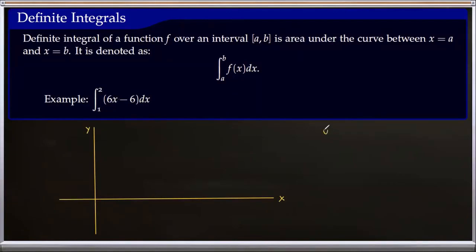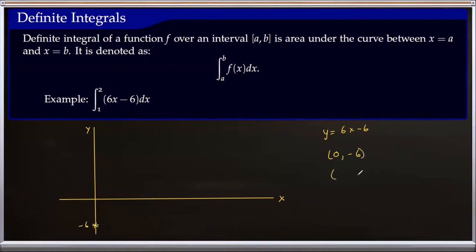We are graphing y equals 6x minus 6. When x is 0, y would be 6 times 0 minus 6, so negative 6. So it should go through (0, -6), and the graph will go through that point.